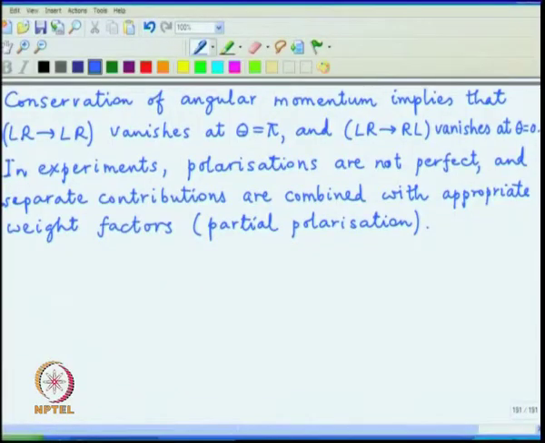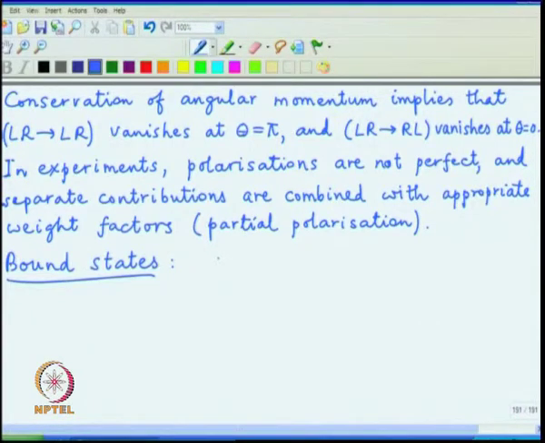Now, I want to illustrate another process which can be obtained by the same machinery which we have set up, and that is a question of analyzing production and decay of bound states.